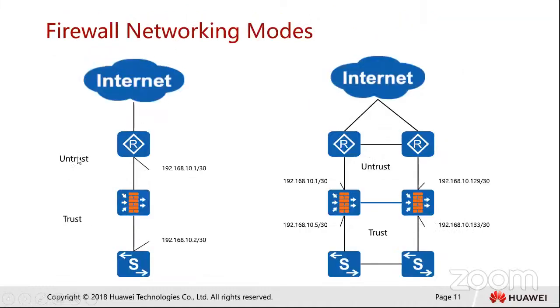So the firewall networking modes. We have different networking modes for the firewall, but basically there is mode 1. A firewall only forwards packets and does not perform routing. That is mode 1. The firewall can just forward packets and it does not do any kind of routing.